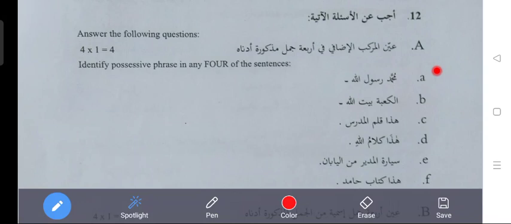Okay. Sentence 1, if we analyze: Muhammadun Rasulullah. Muhammad is a name and a noun, Rasul is a noun, and Allah is a noun. So how could we find out where the possessive phrase is? As we know, in possessive phrase the first noun does not take al. Here Rasul doesn't carry the definite article al in the beginning, and the second noun Allah is carrying alif lam.